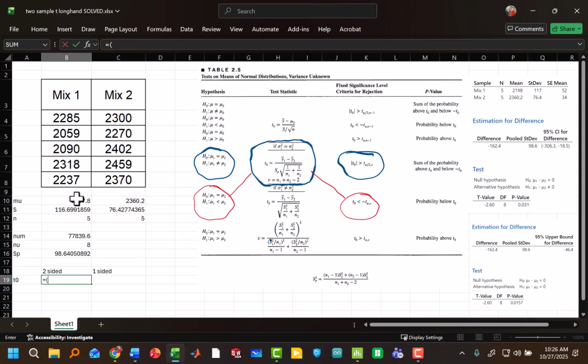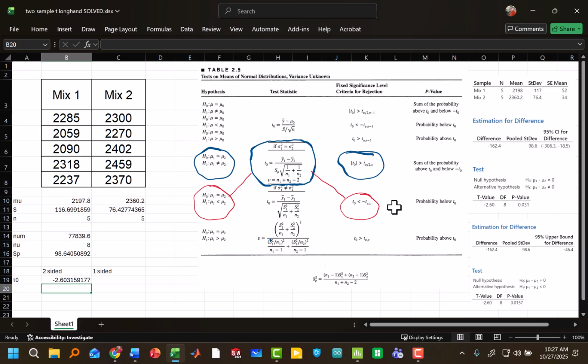It's going to be quantity mean 1 minus mean 2 divided by that SP, divided by square root of the quantity 1 over n1 plus 1 over n2. So that test statistic, negative 2.60, is the same value we see over here from Minitab when we were doing the two-sided alternative.